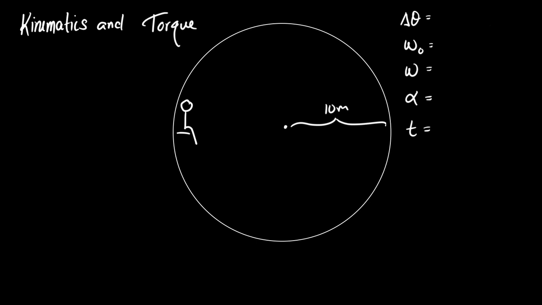What is the maximum speed of the Ferris wheel? What is the angular acceleration experienced by the Ferris wheel in radians per second squared while accelerating? And how long does it take to get to full speed? I'm asking for these 3 pieces of information.